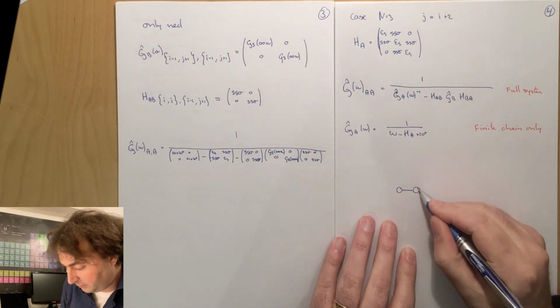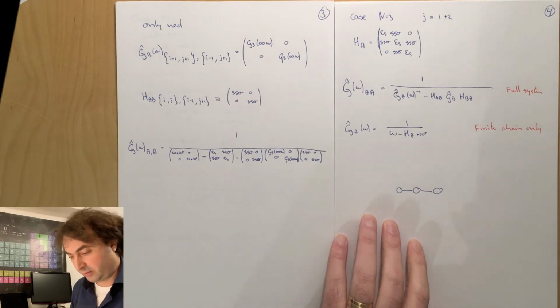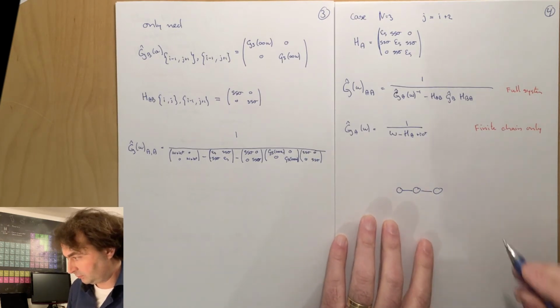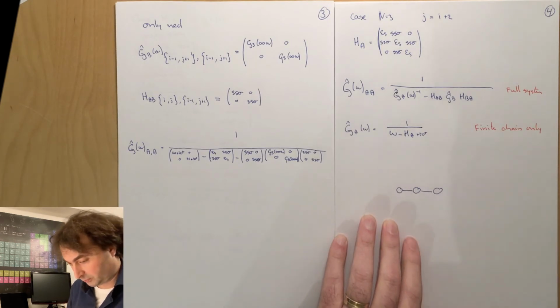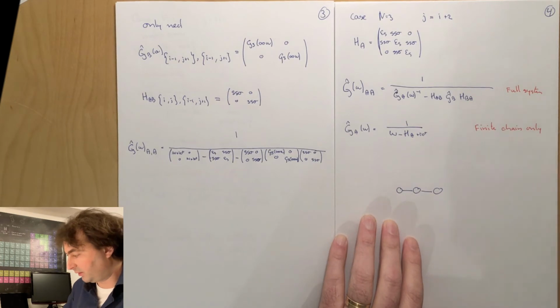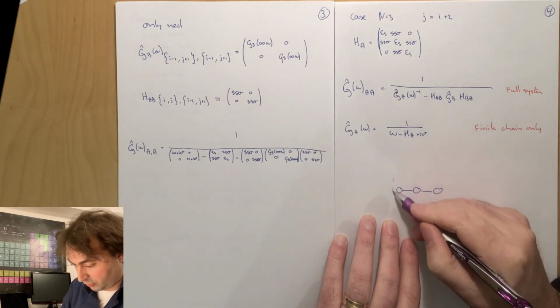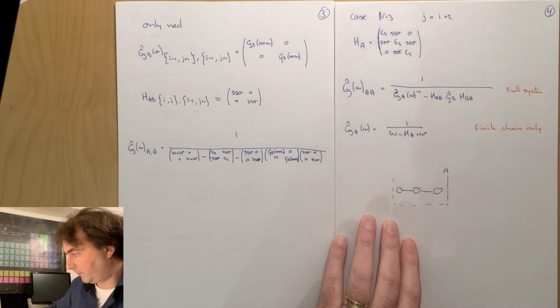Our Hamiltonian is the Hamiltonian for a 3-site system. So our Hilbert space is given by 3 states: either a particle at site 1, a particle at site 2, or a particle at site 3. And this is subsystem A of the full Hilbert space.